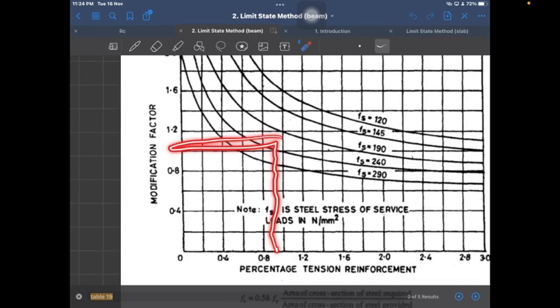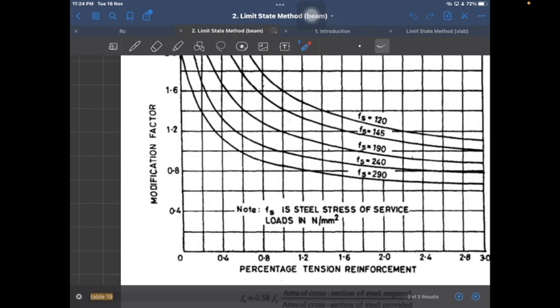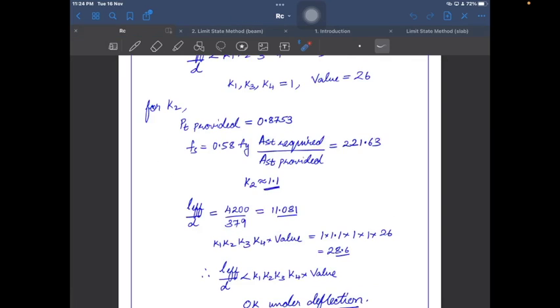I have taken approximately this as 1.1. I have taken slightly less than what it is coming to be. So approximately mine will be 1.1.